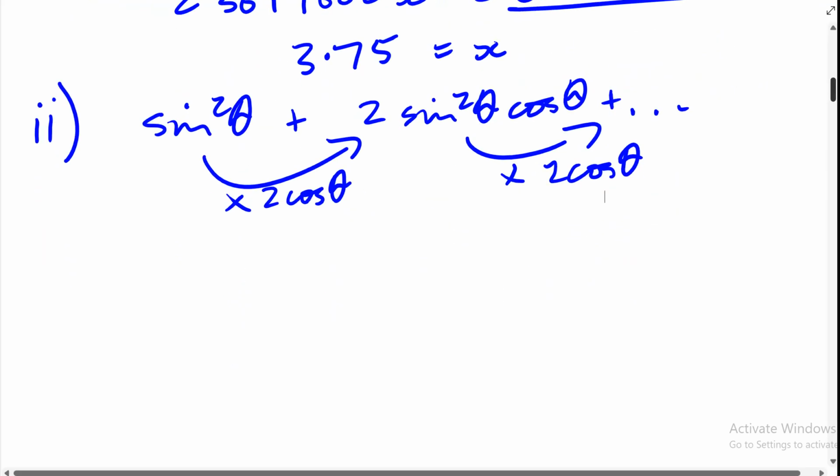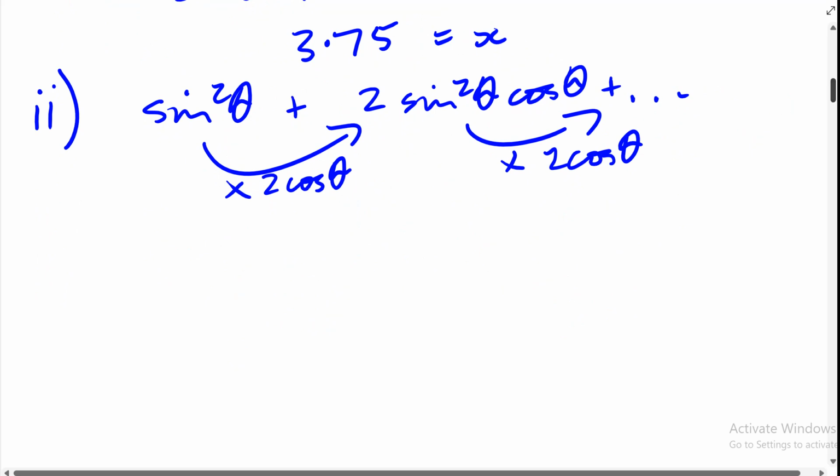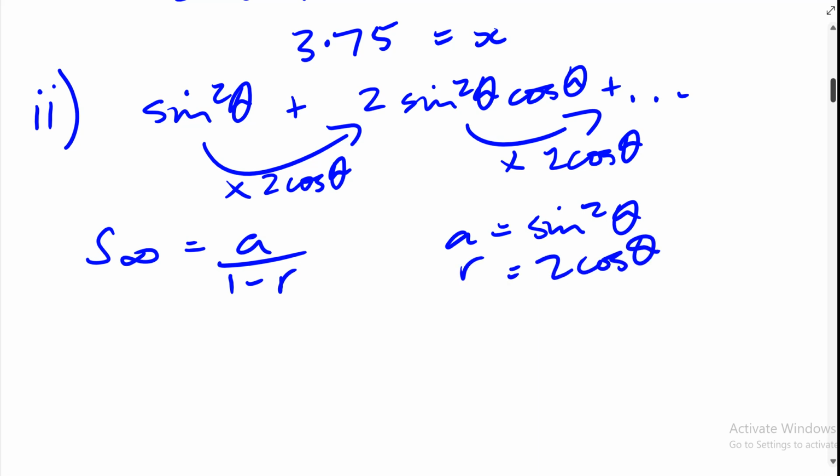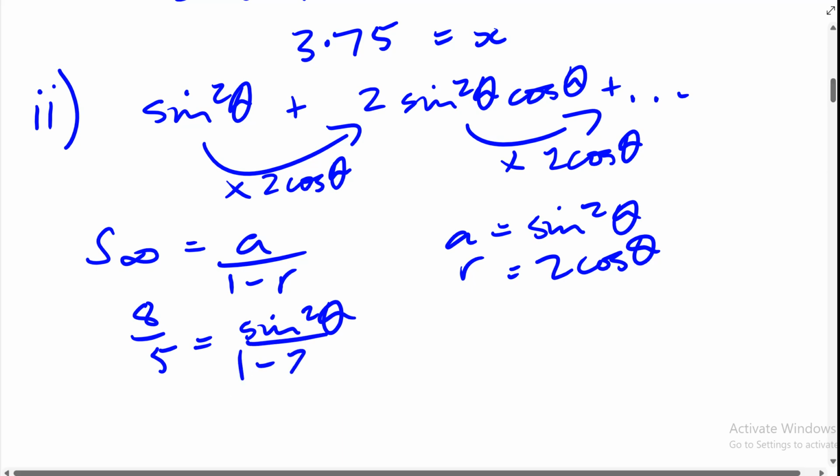Okay, so what do we know in this question? Well, the sum to infinity we know. So we know this. Let's just write down what A and R would equal. So sum to infinity, it tells us, is this: sine squared over 1 minus 2 cos theta.